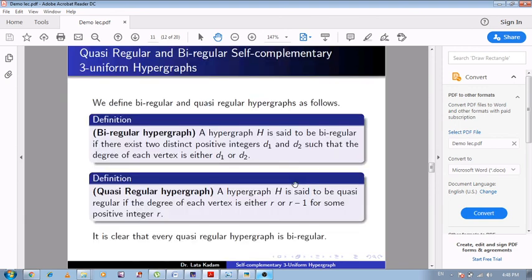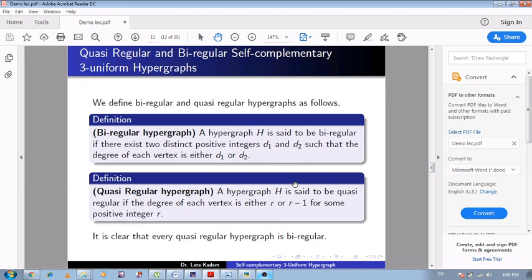Now we define biregular and quasi-regular hypergraphs. A hypergraph H is said to be biregular if there exist two distinct positive integers d1 and d2 such that the degree of each vertex is either d1 or d2.